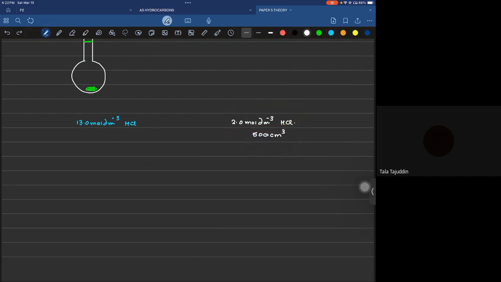We are supposed to use this relation, C1V1 is equal to C2V2.